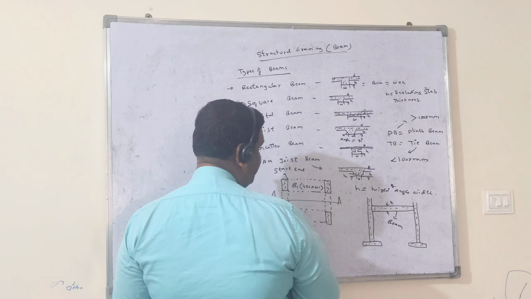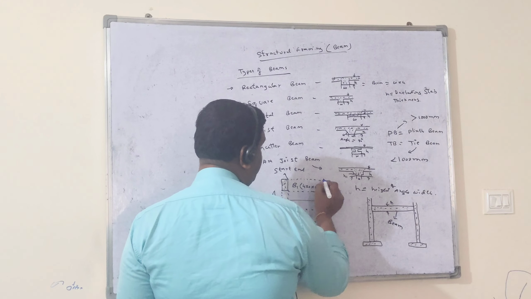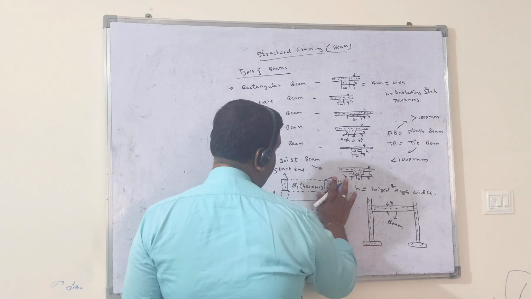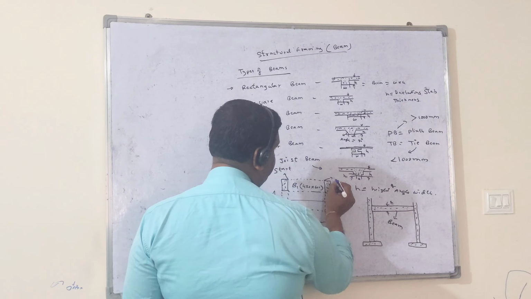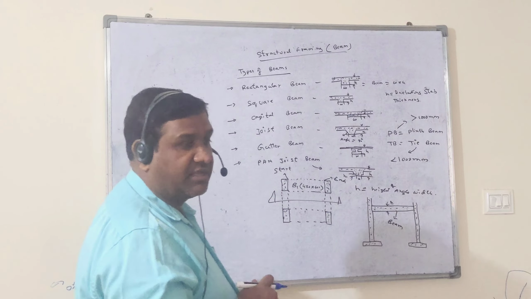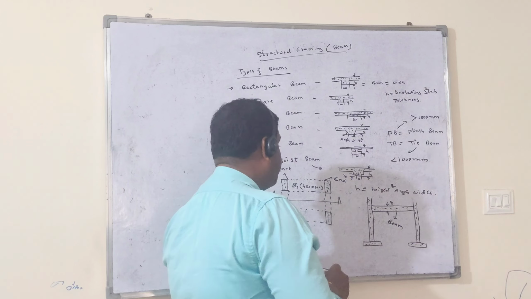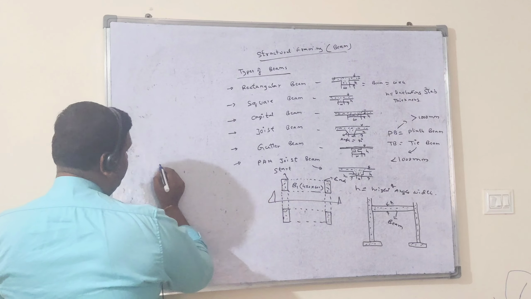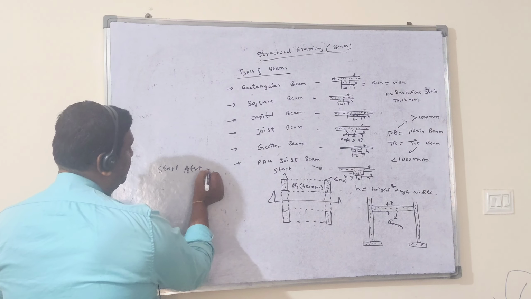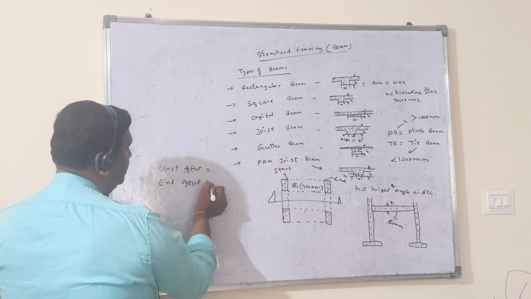The left end will always be the start end, because when you place any beam, you start from left to right, and this is the end. The left side is the start part and the other side is the end part. So when placing any beam, you have to give a start offset value and an end offset value. Both offset values you have to give.